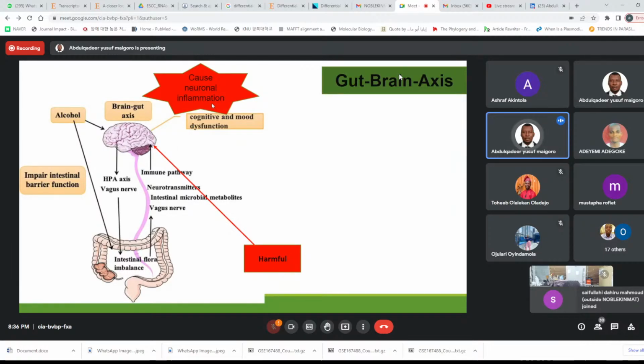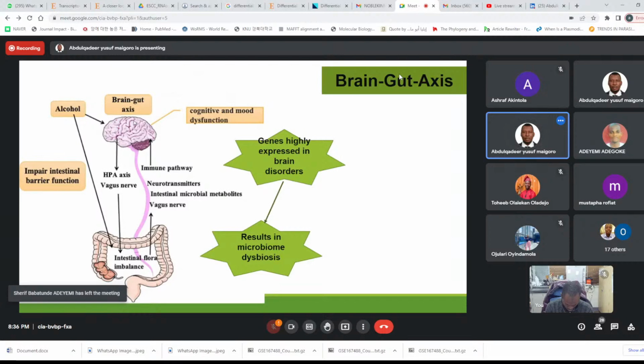Some of these symptoms have to do with cognitive and mood dysfunction. Some of them are even brain disorders like Alzheimer's, like autism, and all that. So this is exactly what happens when the microbiome becomes imbalanced and the metabolites produced are in excess and have to travel to the brain and cause some imbalance.